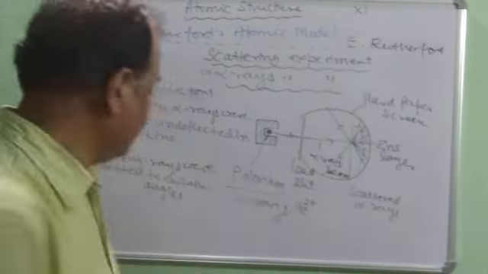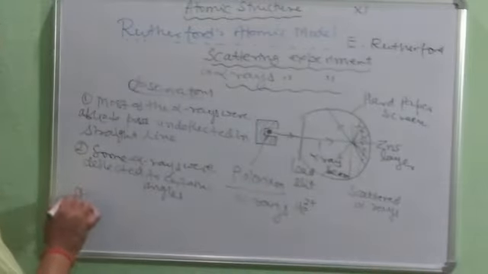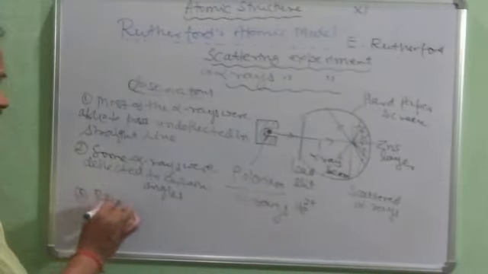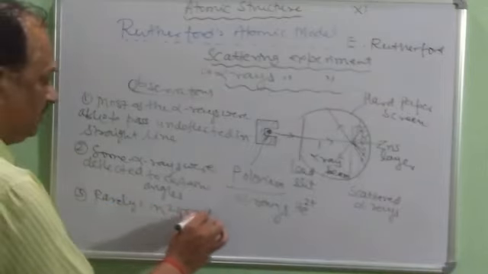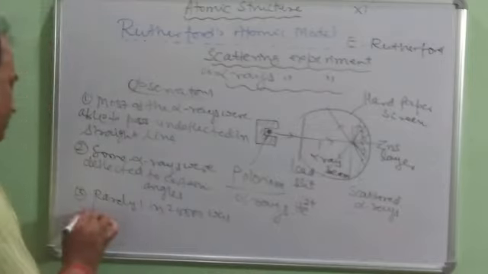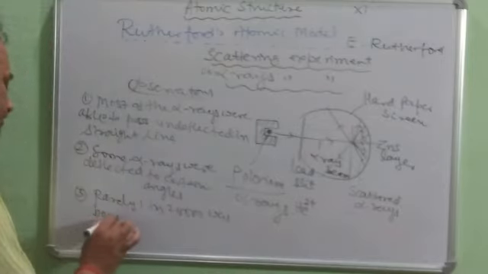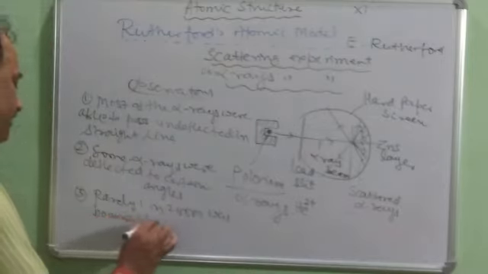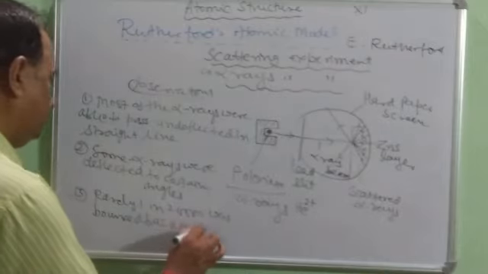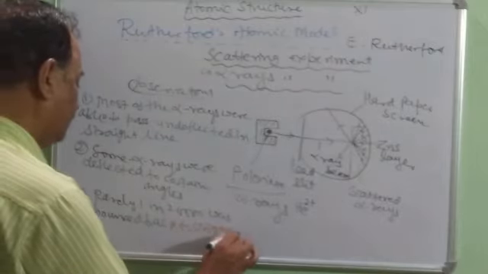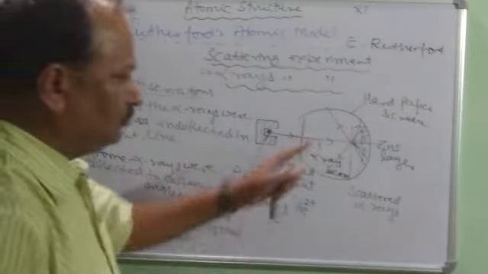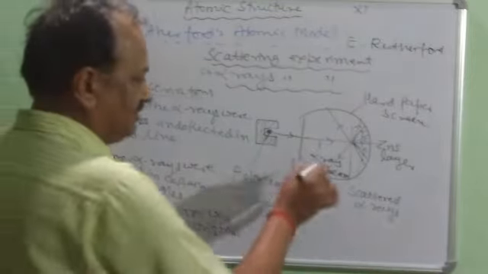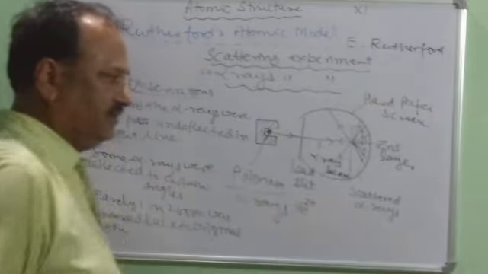Third, rarely, 1 in 20,000 was bounced back to the original path. So 1 in 20,000, like this here.